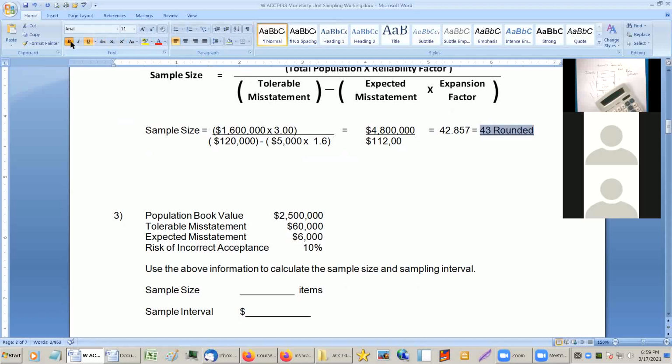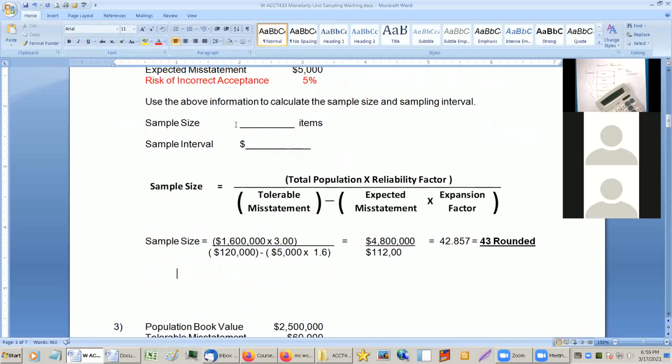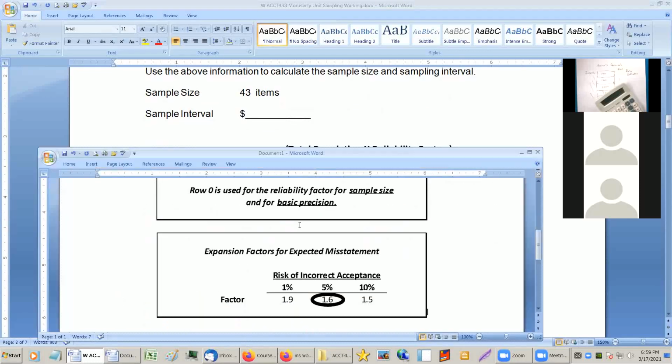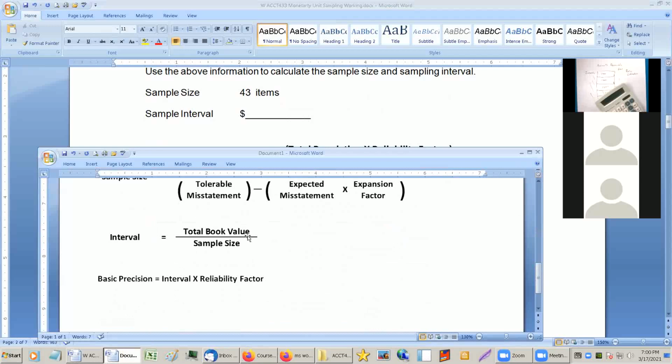so that is the sample size. So we will take 43 items. The interval, do I have that on here? I can't remember that. Oh yeah, interval: total book value divided by the sample size.